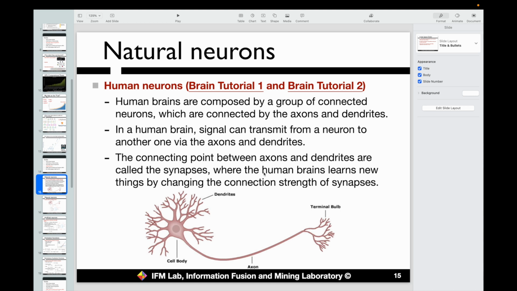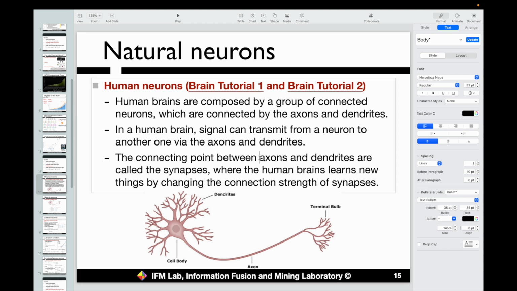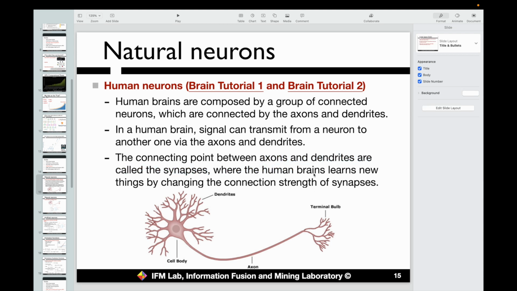This connecting point is also called a synapse. For two neurons, if their synapse is very strong, then this neuron will be able to send more signal to the following neuron. However, if the synapse is very weak, the signal sent to the following neurons will be much less. So the connection points control the signals transmitted from one neuron to other neurons.